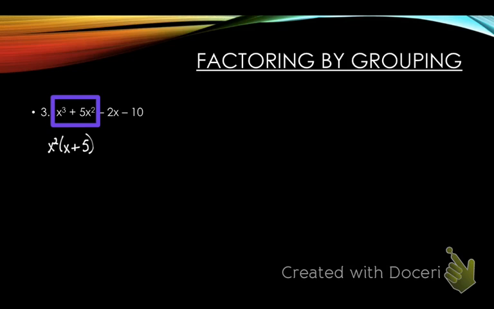Now, whatever I put in the parenthesis, I'm going to want to rewrite that parenthesis again and leave myself a little bit of space and go x plus 5, and then look at it individually: what's the negative 2x divided by that x? What multiplied by x plus 5 is going to give me negative 2x minus 10?